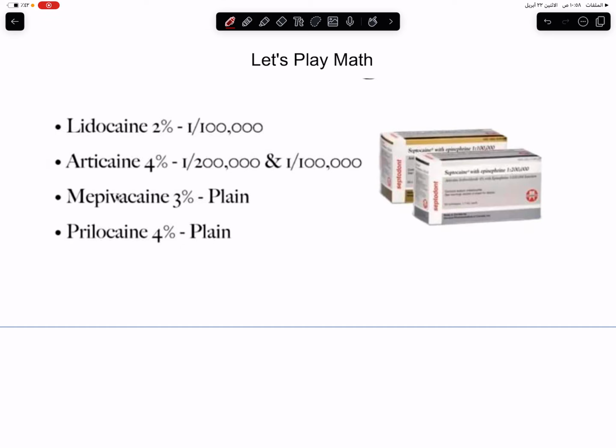Multiply by 1,000. 0.01 times 1,000 is 10 microgram. So you can understand how small a dose of adrenaline is given. 10 microgram is nothing, but still it can sometimes cause side effects, especially tachycardia. So be careful while using it in patients who are already suffering from cardiovascular disease.